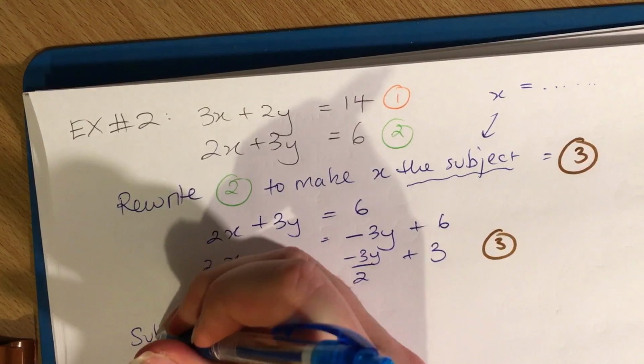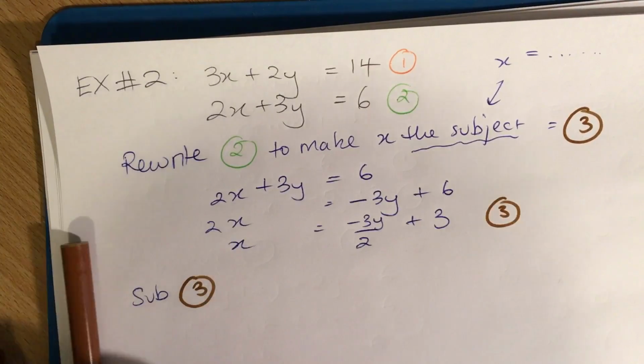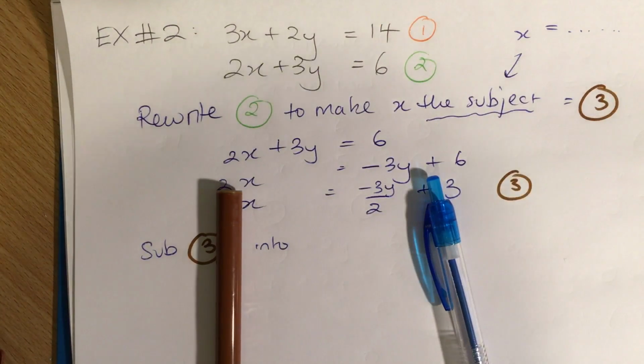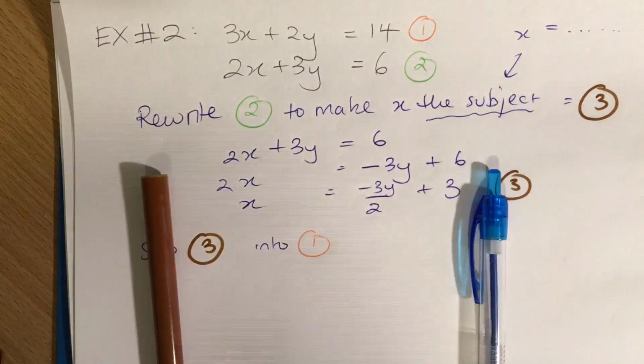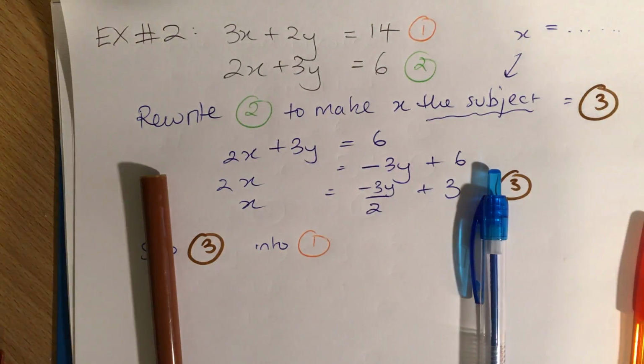Now I'm going to sub equation 3 into equation 1 here. The reason I've chosen equation 1 to substitute it in, because you may have heard me say it doesn't matter which ones we use, we could substitute into anything we like.